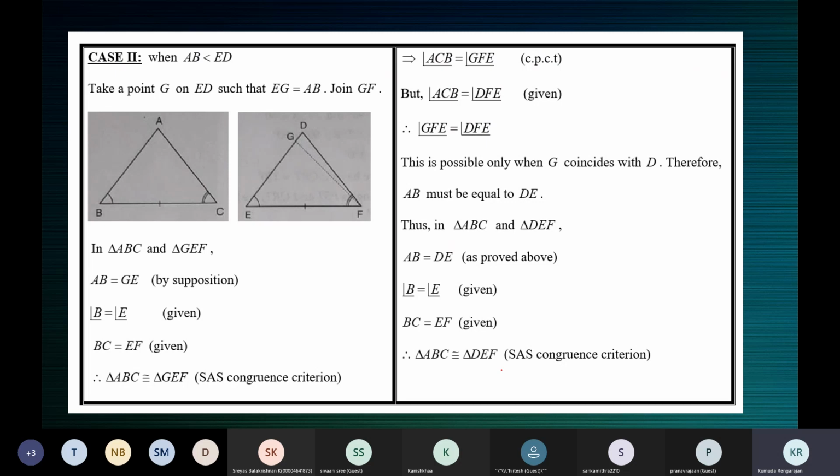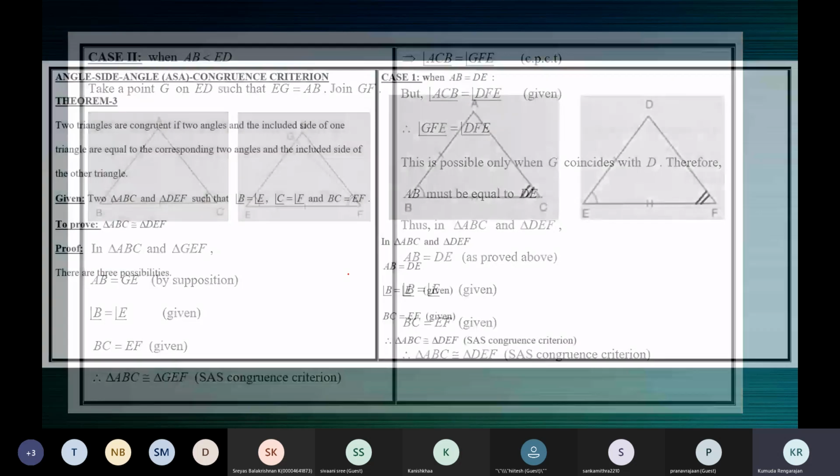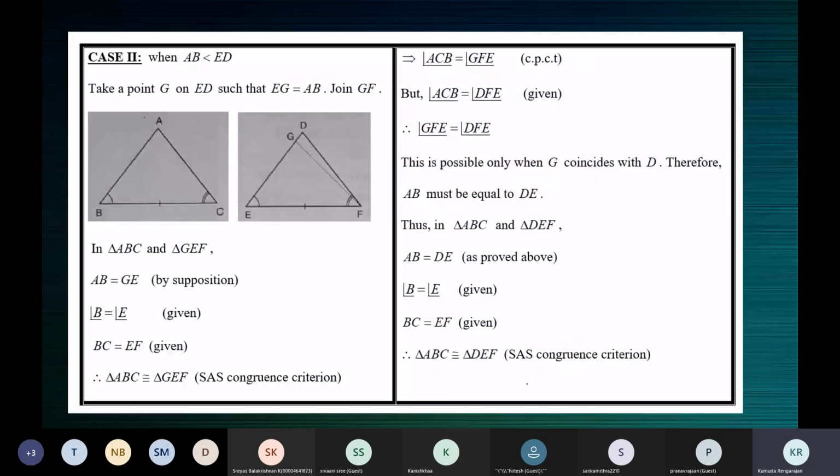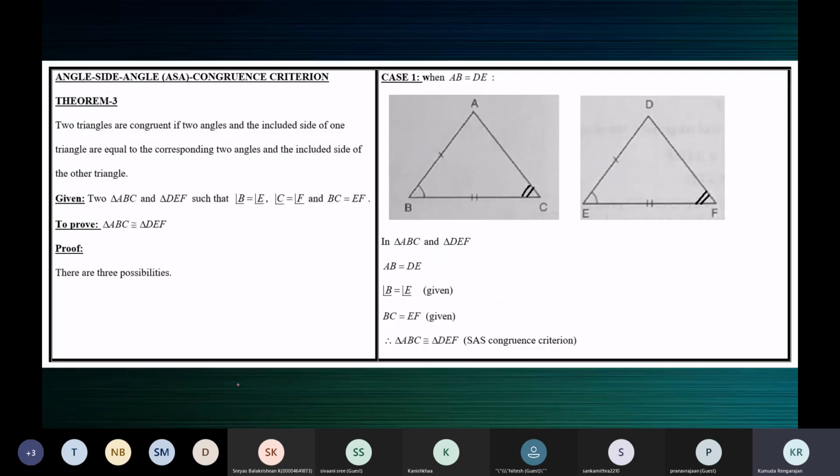We are going to validate the ASA congruence criterion using the already validated SAS congruence criterion. If at all you see anything, you will see SAS. You will not see ASA anywhere. Then how can you say by ASA they are congruent?